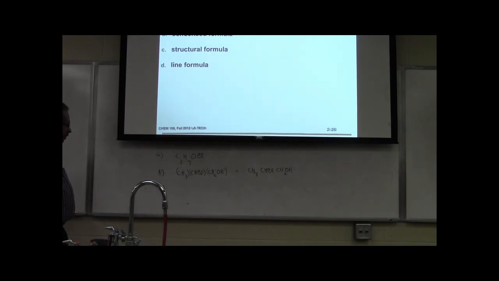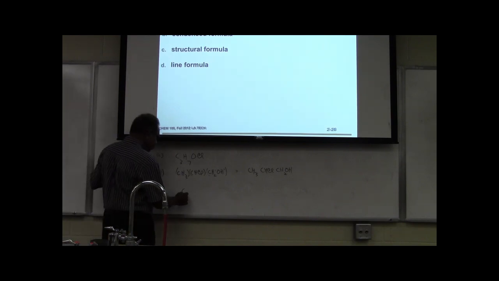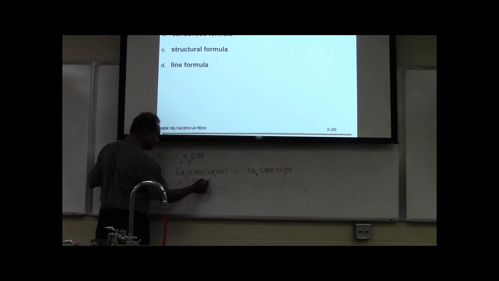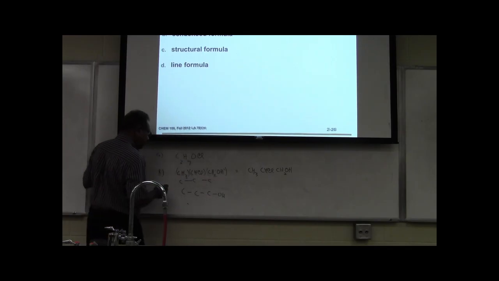Structural formula. How do you get a structural formula from condensed? You get the backbone, all right? Backbone is this, and OH, because this is attached. Okay, then you complete this with the hydrogens. I'm going to erase that one.